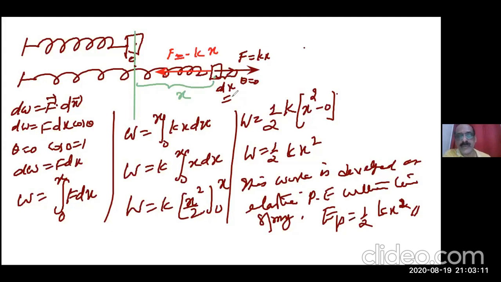Then work done for this small displacement is dw is equal to f dot dx. F dot dx means f dx cos theta. Then theta is 0, cos 0 is 1, so dw is equal to f dx.